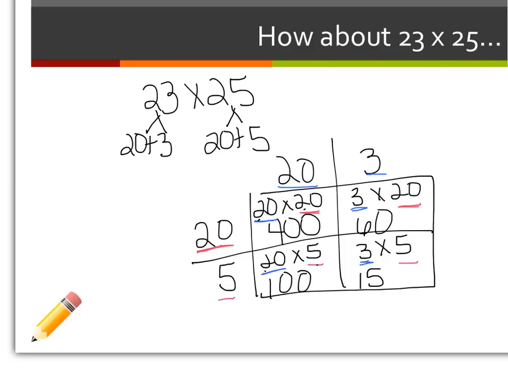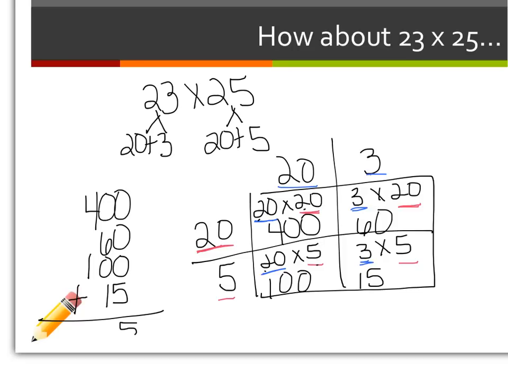Now I'm adding those numbers to find my answer. 400 plus 60 plus 100 plus 15. 5 and 6 and 1 is 7, and 4 and 1 is 5, giving me a final answer of 575.